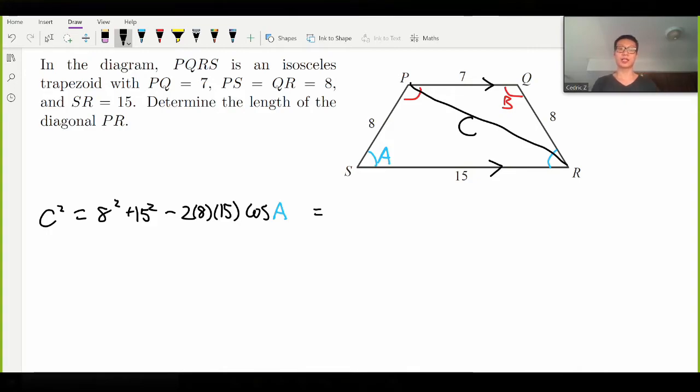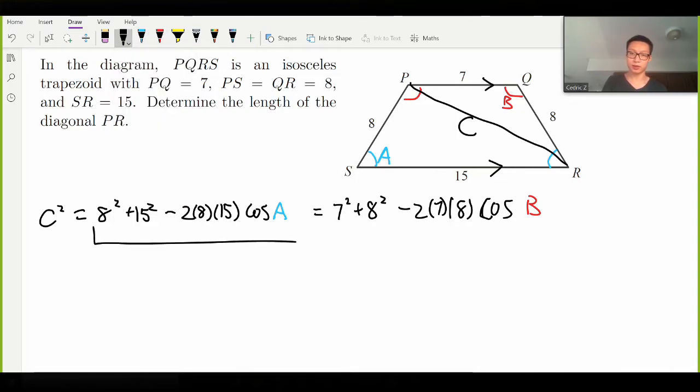And if you look at it from the top, this triangle, it's pretty similar: 7 squared plus 8 squared minus 2 times 7 times 8 times cosine, this time, B. I have essentially created an equation, because they both equal C squared. But I have two variables, angle A and angle B.